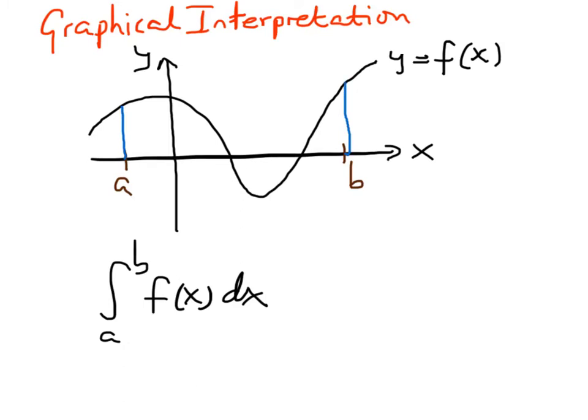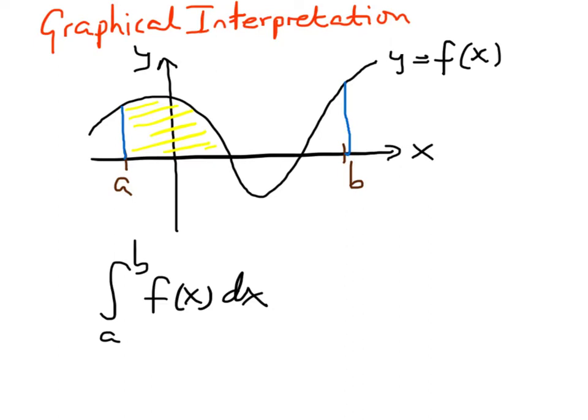And then we notice all the area trapped between this line here, the x-axis, and our curve. So the first area that we're going to have is an area that looks something like this. Okay.